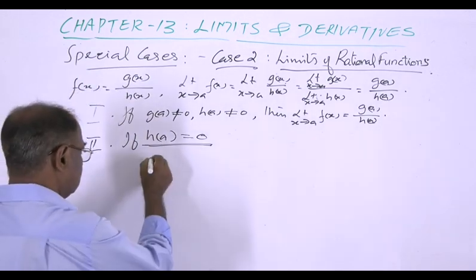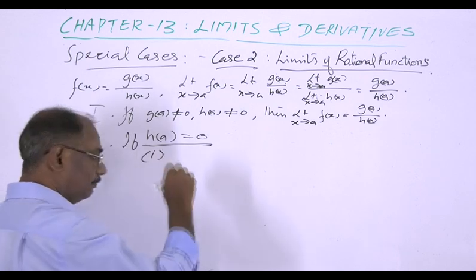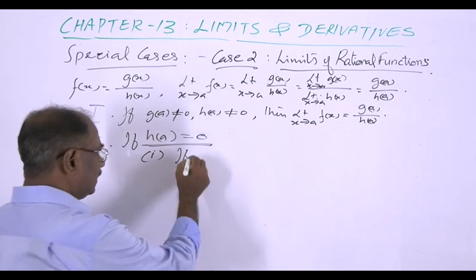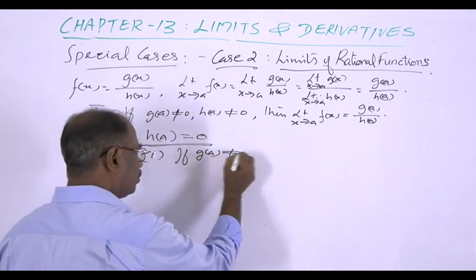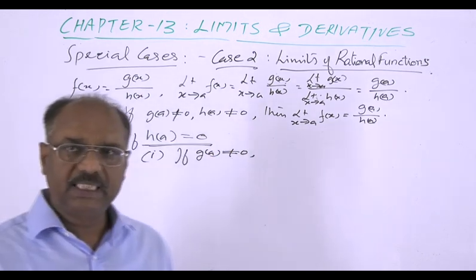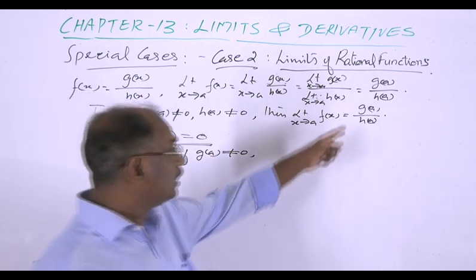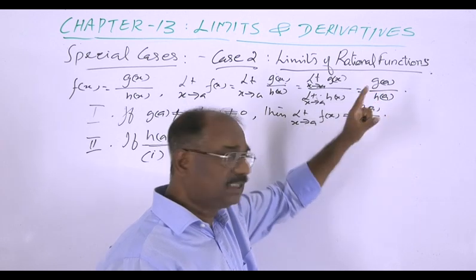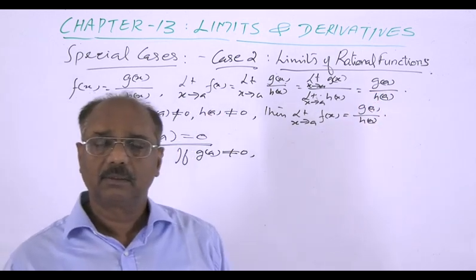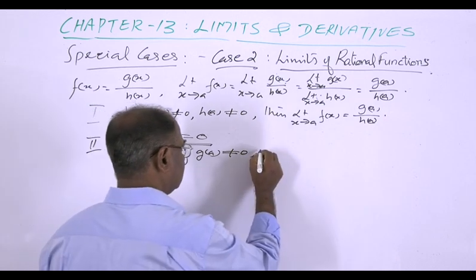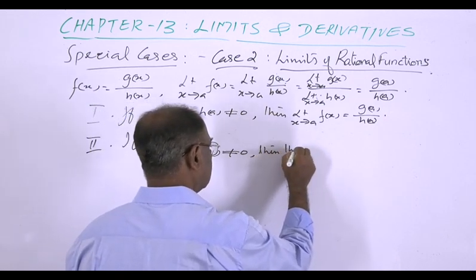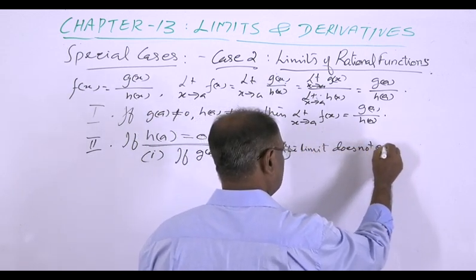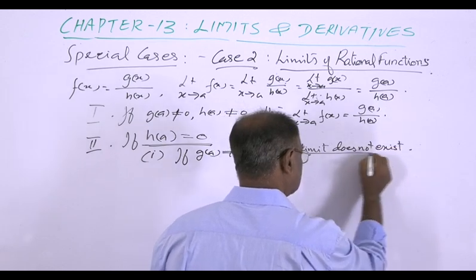Then, case 1: if g(a) not equal to 0, then the numerator is not equal to 0 and the denominator is equal to 0, so g(a) by h(a) does not exist, so the limit does not exist.